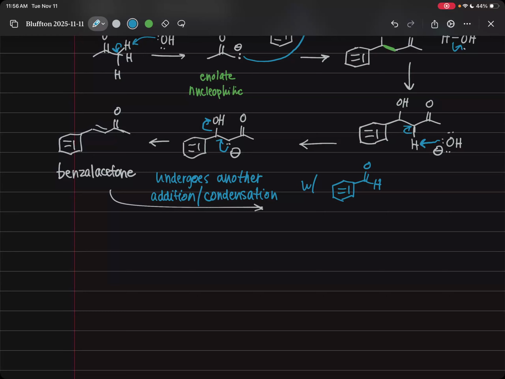So what is that? 1, 2, 3, 4, 5 steps. So a total of 10 steps finally gets you to dibenzyl acetone, which has benzyl acetone on one side and benzyl acetone on the other side.